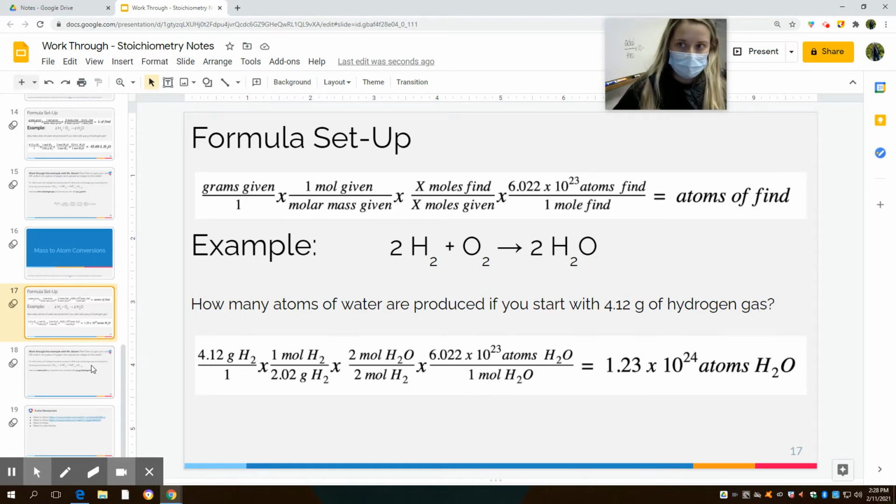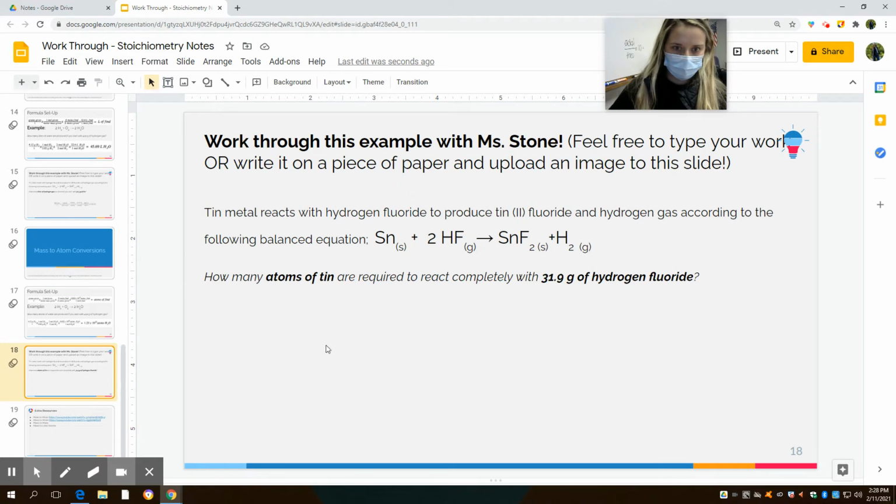So let's do an example together. Again, same reaction, but this is our question. How many atoms of tin are required to react completely with 31.9 grams of hydrogen fluoride?